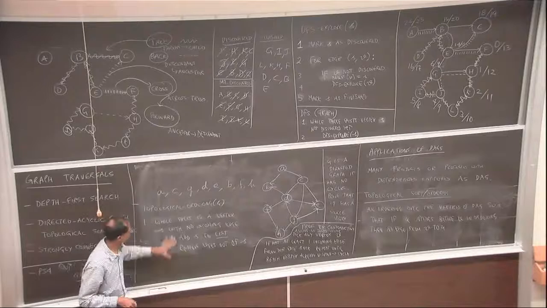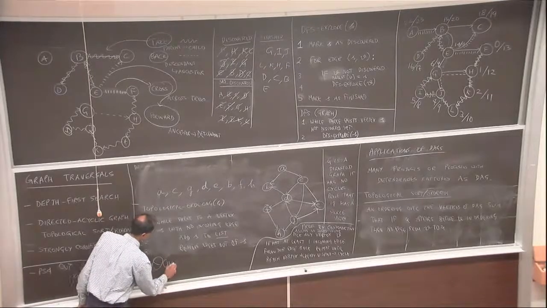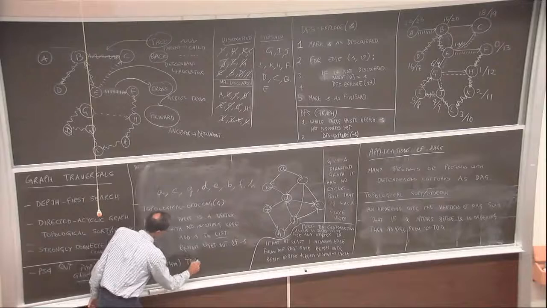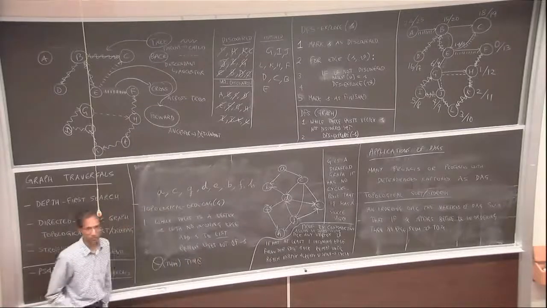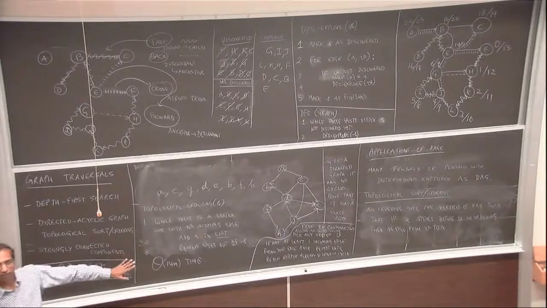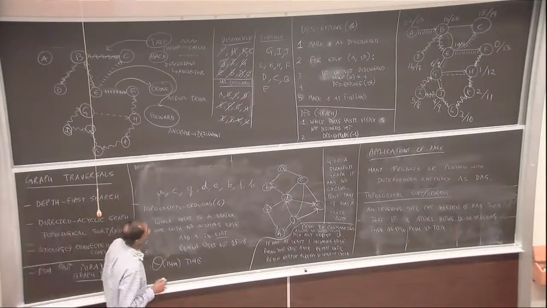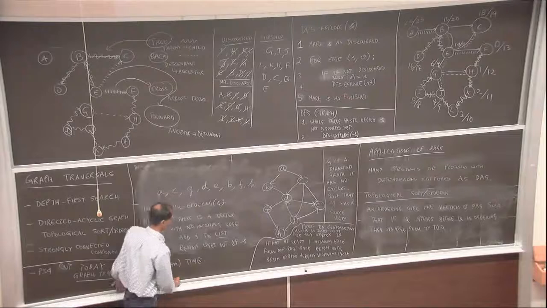So I will let you think about it. This can be implemented just in linear time. A very crucial thing to keep in mind is that so far everything we have covered can be done just by manipulating the adjacency lists and keeping track of some things in lists, linked lists of some kind or the other.